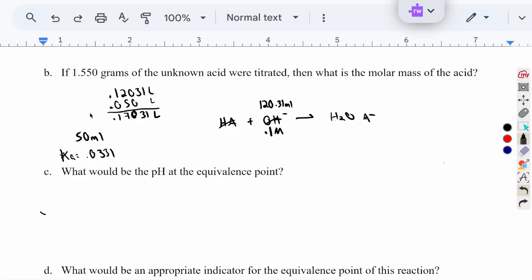This is our total volume. Okay, our Ka is 0.0331. Well, if this is gone and this is gone, this becomes the same kind of problem that we did before, where now we only have conjugate base. So now we're talking about a weak base problem.